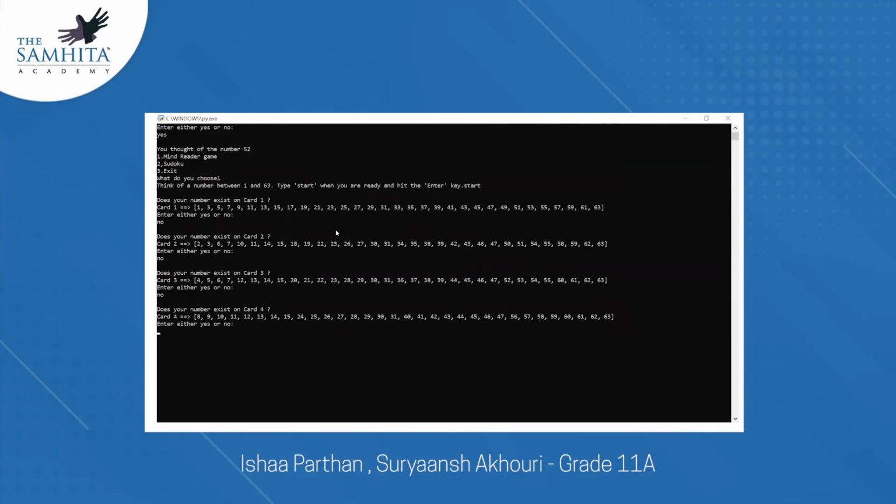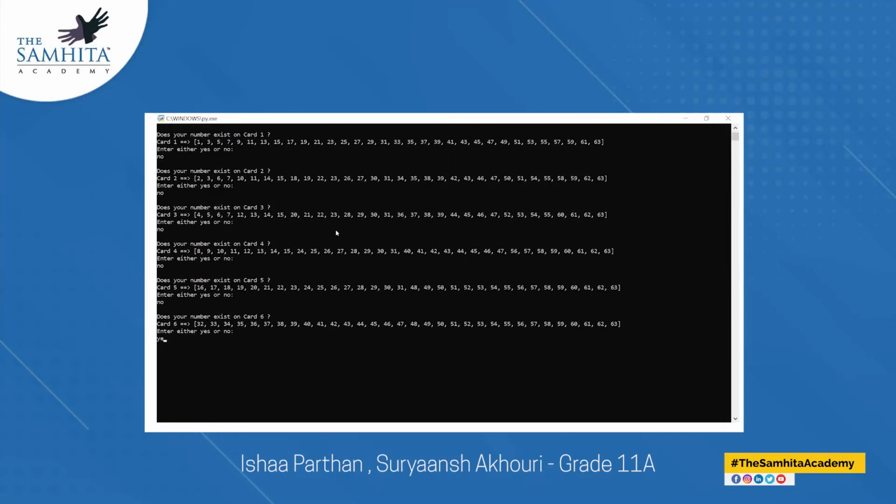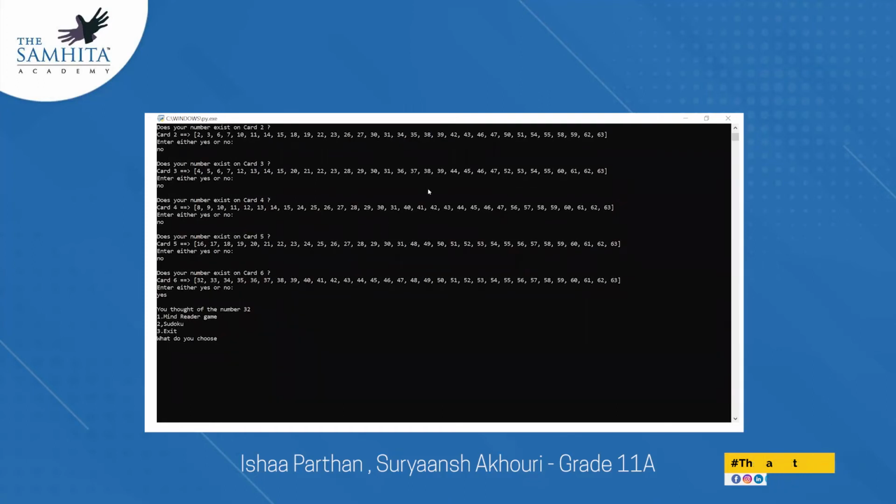It's not there on this one. It's not there on this one as well. Finally we see 32. So there you go. You just guess any number based on your answers to these 6 cards. Now Isha will be explaining sudoku.